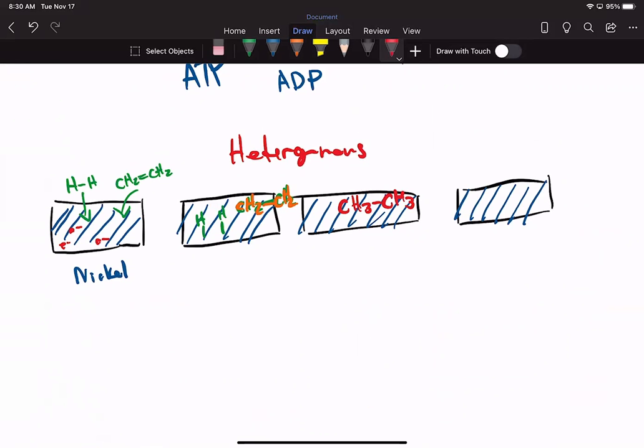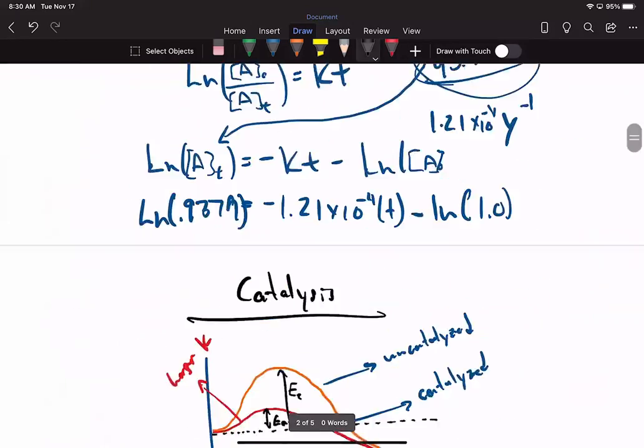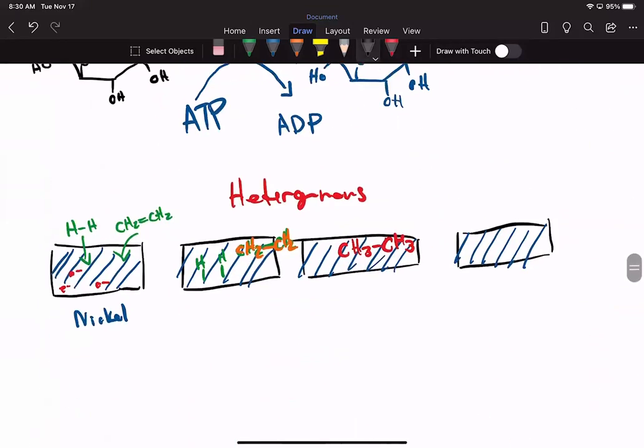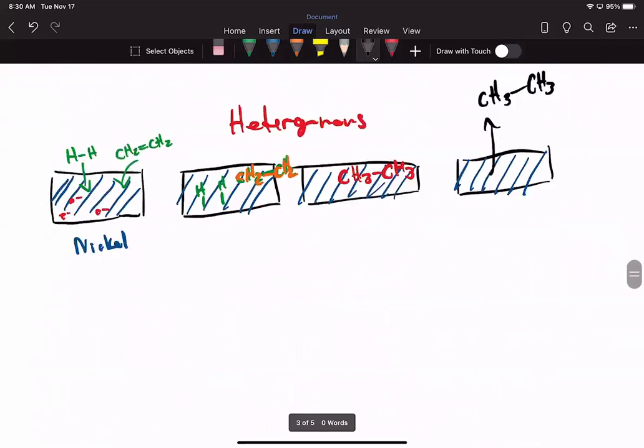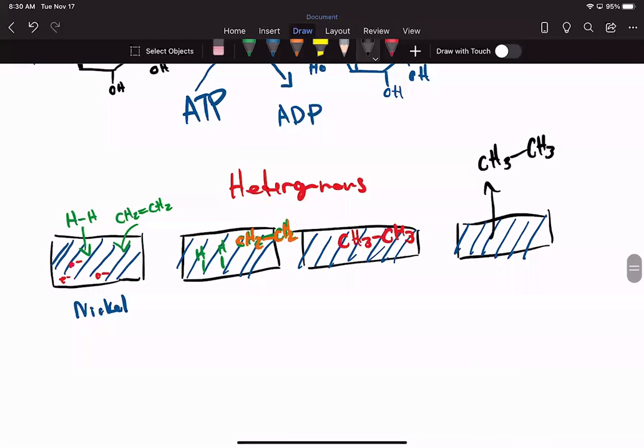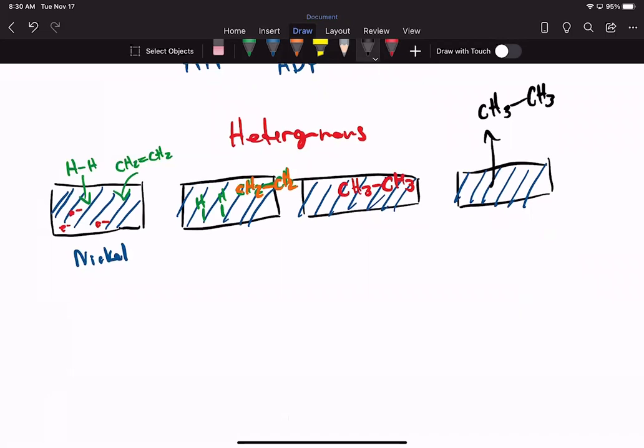And then we finally have what we call diffusion, where that product is diffused from the surface, where it actually releases, and this gas can now go out. It's diffused from the surface. But this is what we consider heterogeneous catalysis, right?